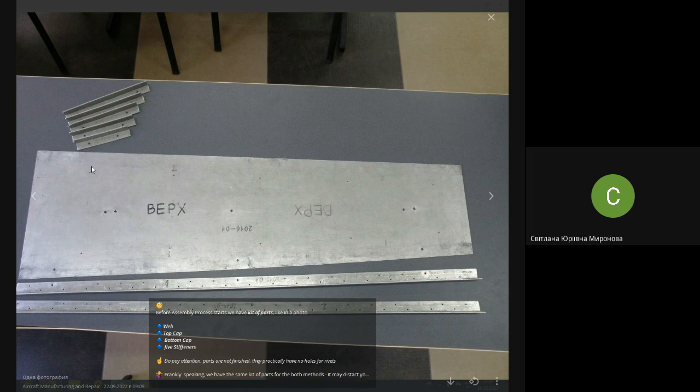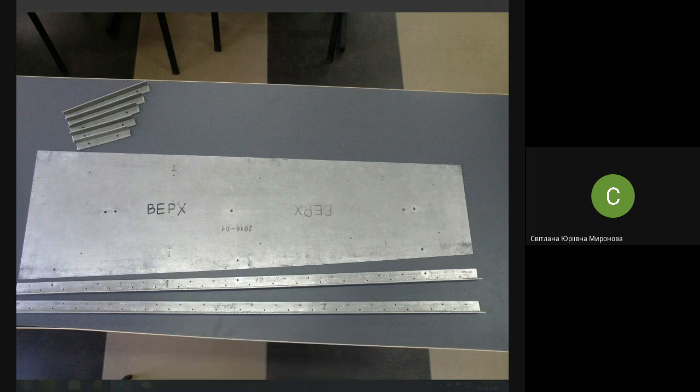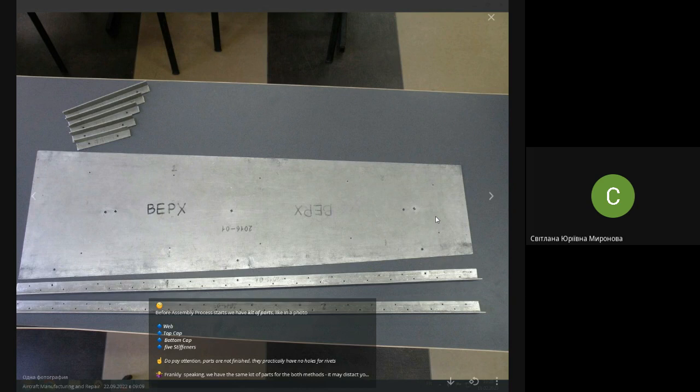Pay attention that these holes are not aligned in one line. It's called foolproofness, so that your employee can't mix up the holes for one stiffener with another. For instance, this stiffener may be attached only to this place. You can't align it with these two holes because the holes do not coincide.